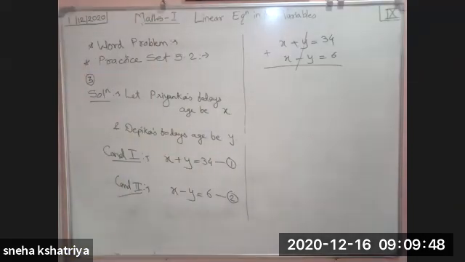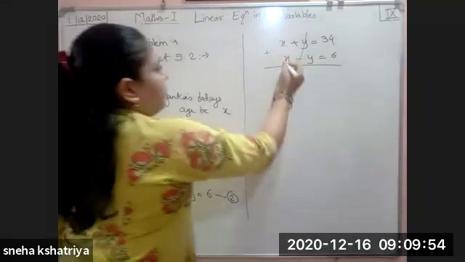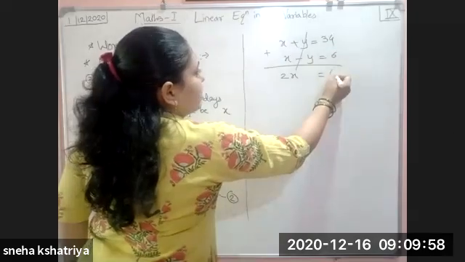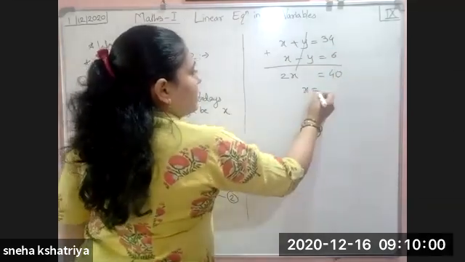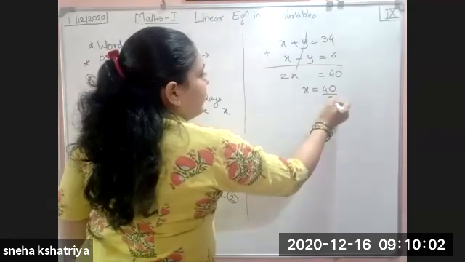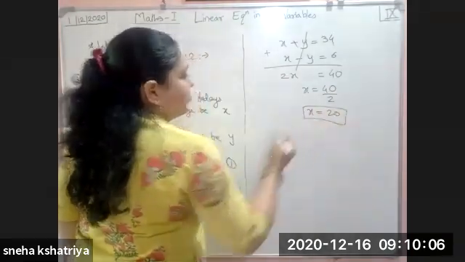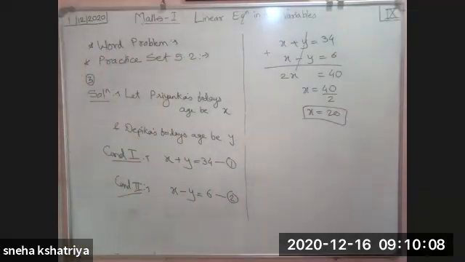Cancel y. So we get the value of x. X plus x becomes 2x, which is equal to 34 plus 6. It is 40. X is equal to 40 divided by 2. Simple, x is equal to 20. We get the value of x as 20.